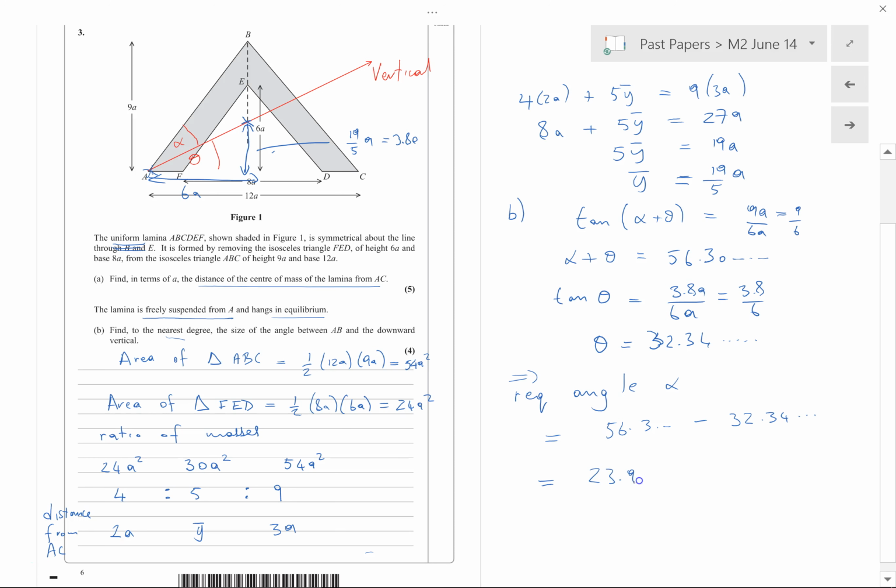But it does ask for the nearest whole number. I would normally be rounding to three significant figures, 24.0, but it asks for the nearest degree here. So we will round that to 24 degrees. Okay, another fiddly sentence and maths question, but by far nowhere near the worst. Okay, let's have a look at question 4.